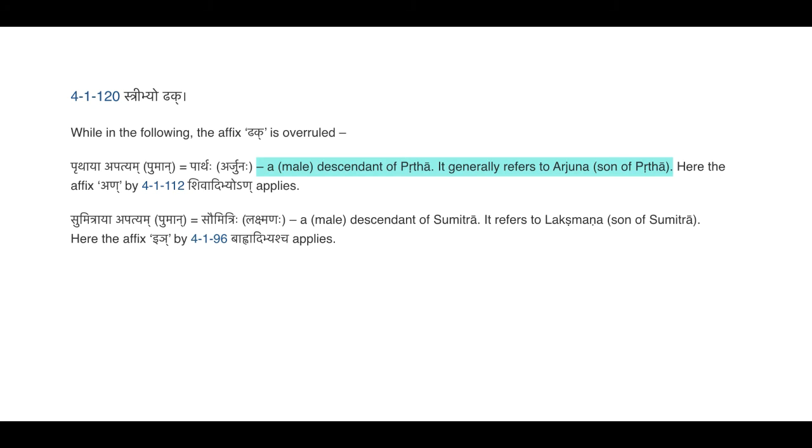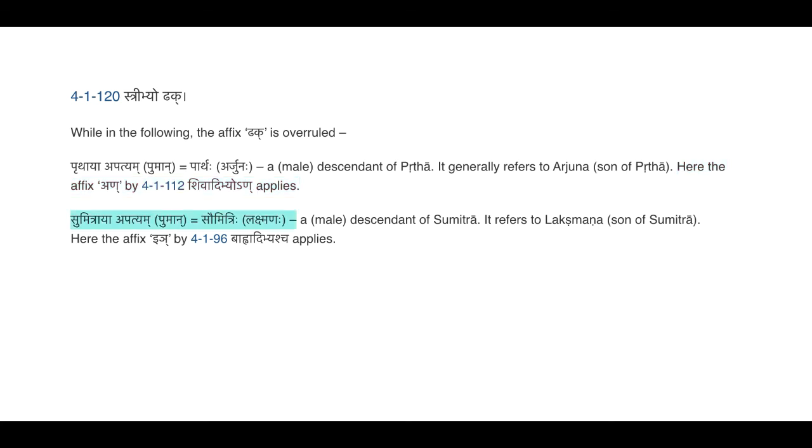The reason the affix dhak is overruled is because the term Pritha is specifically listed in the Shivadikanaha, reference in the Sutram 4.1.112 Shivadibhyon. So the fact that the term Pritha is specifically listed there tells us that everything else has to be put aside and the affix an needs to be applied.